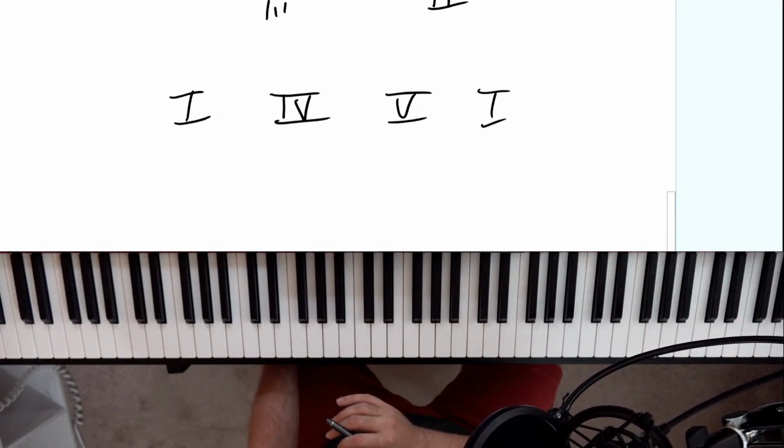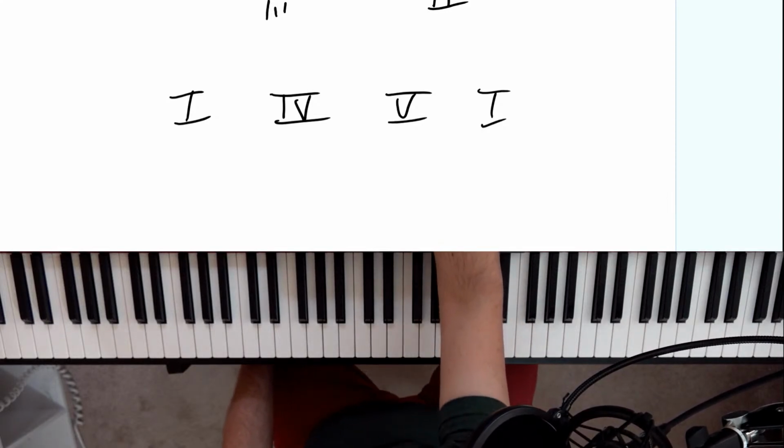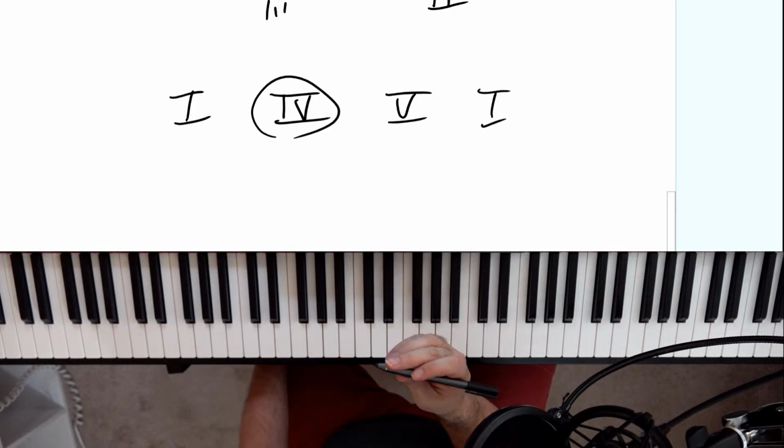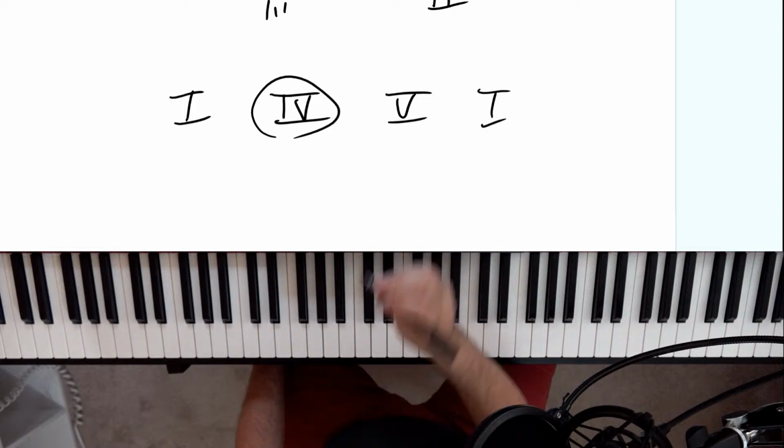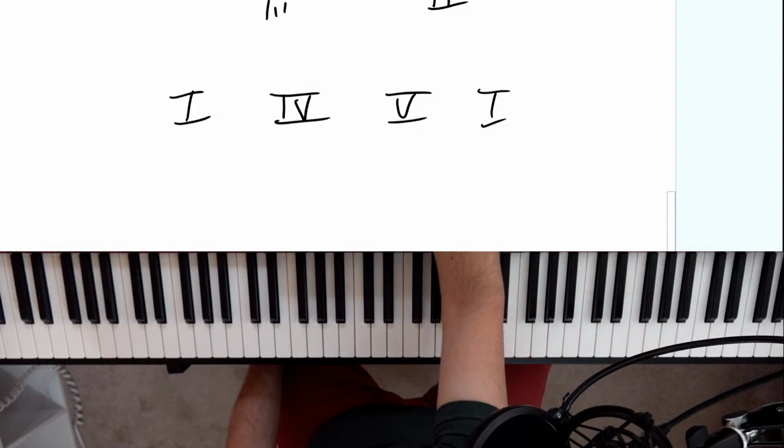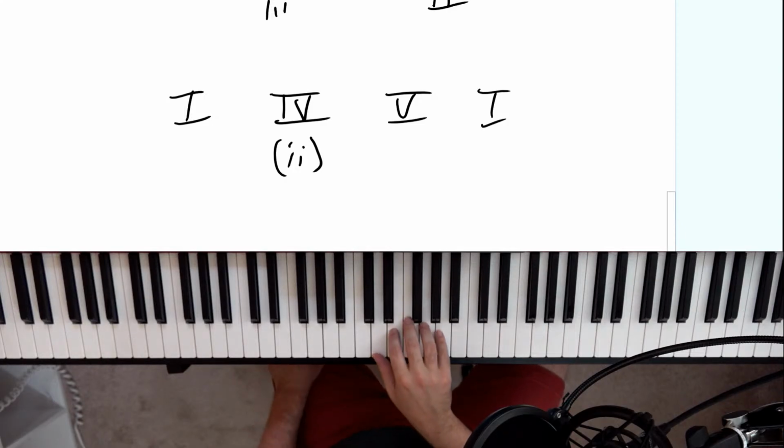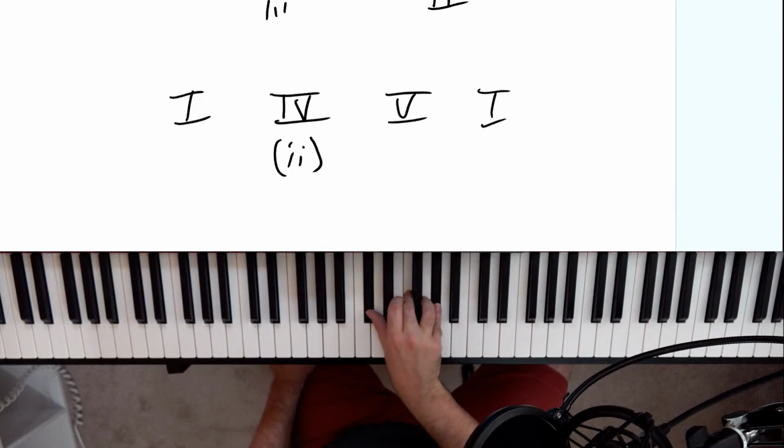So now we're going to substitute this 4 chord, but instead of 2, we're going to do something a little different. I want you to imagine this 2 chord, which is D in the key of C, and flat the bottom and top notes, and that's our replacement chord.